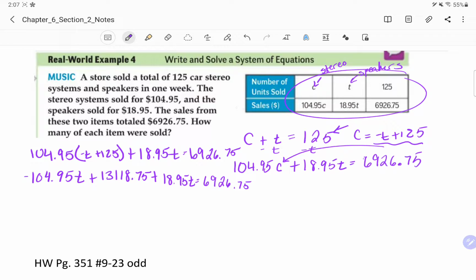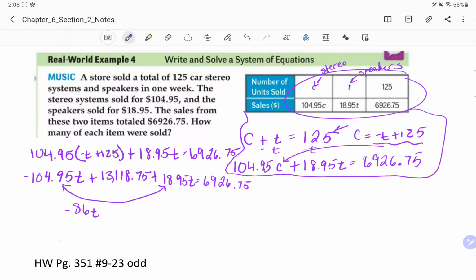Okay, so that was just setting up the problem. Now I'm solving it. I know there's a lot of numbers going on here, but it's manageable. So now I have negative 104.95, and I need to combine it with my other t variable, which is 18.95. And those two together add up to negative 86t plus 13,118.75.